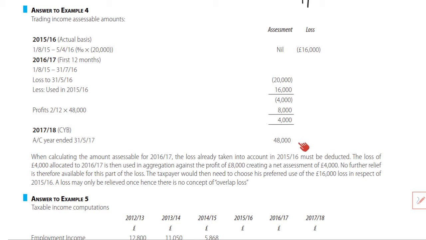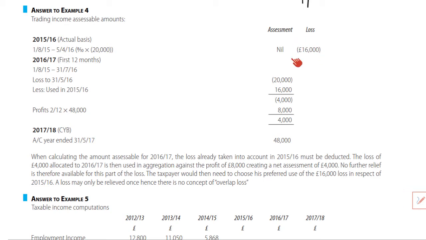Okay, so using our bases of assessment in opening years and acknowledging how a loss is allocated if it falls into 2 tax years, into the first of those 2 tax years, we can establish over the opening years what is, if it's a loss-making period, a nil assessment, and also then what the actual amount of loss available for use would be.